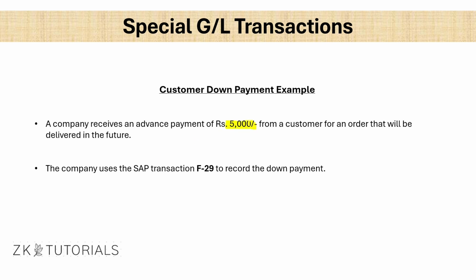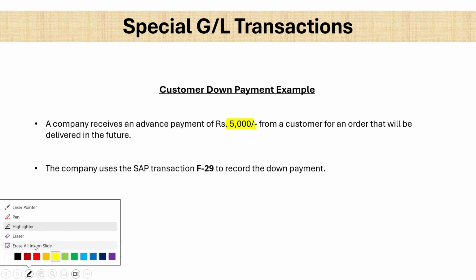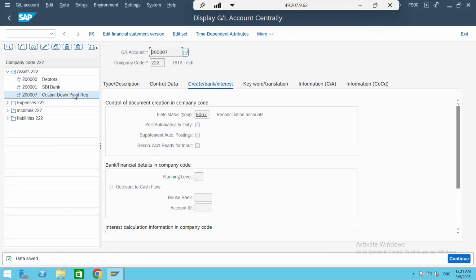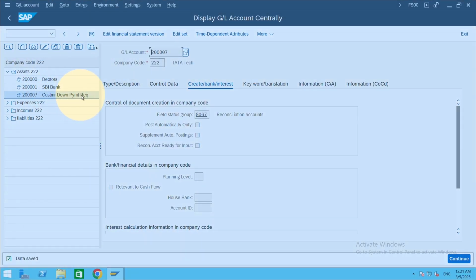Whenever we ask him, we need to make a down payment request. When we receive the amount, it is called down payment received. So we have created the down payment request account. Now we are creating customer down payment received.